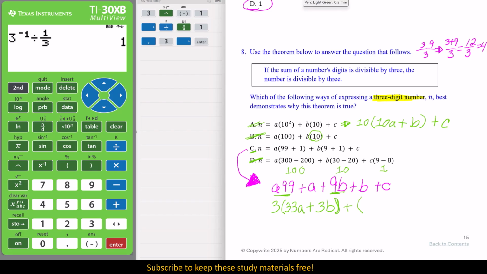Now let's take, here, I'll highlight this, A, B, and C. Okay, and we have A plus B plus C. Now that's kind of a situation where you have to look at the theorem.